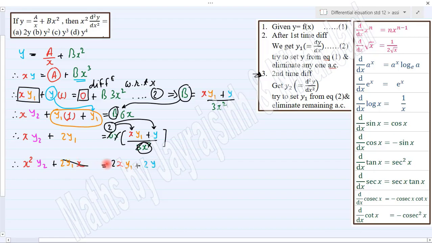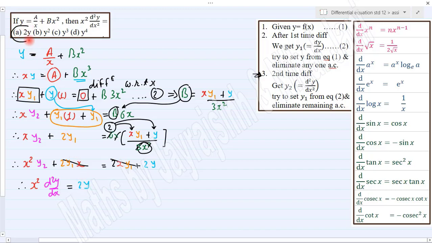Now here 2xy1 will cancel out, and we will get x square into y2, or we can say x square d square y by dx square is equal to 2y, which is given in option A. Ta-da!